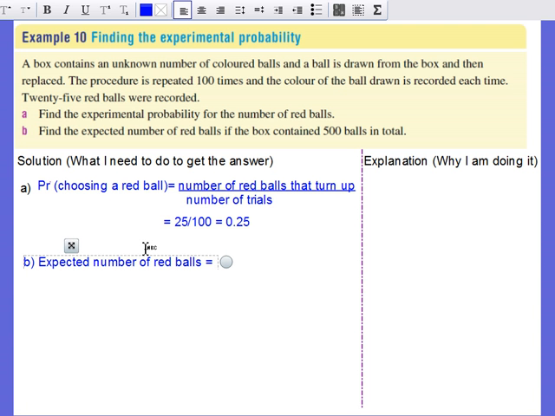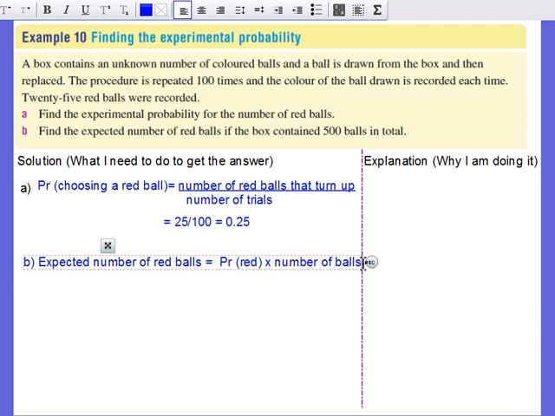So that's going to be equal to the probability times the number of balls. The expected number of red balls is equal to the probability of choosing a red ball, which we worked out up here, times the number of balls.